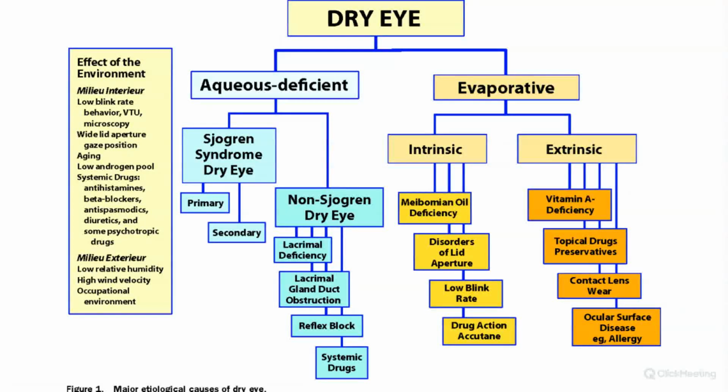For this reason, if you look at this left side, you can see my favorite Sjogren syndrome, which I'm working with. Sjogren syndrome can be primary and secondary. Primary is the real Sjogren syndrome, an autoimmune disorder which can develop at any age.